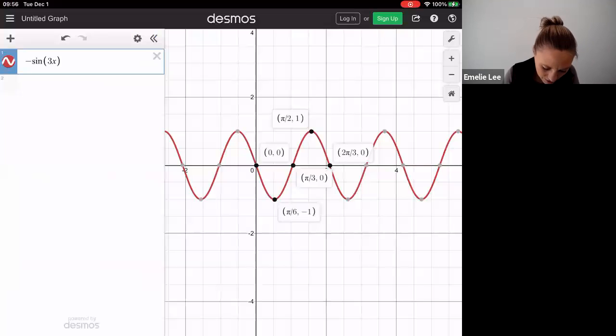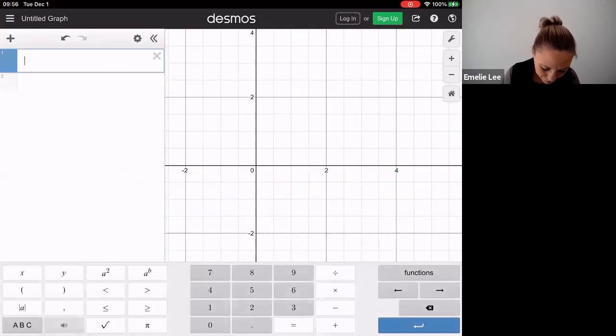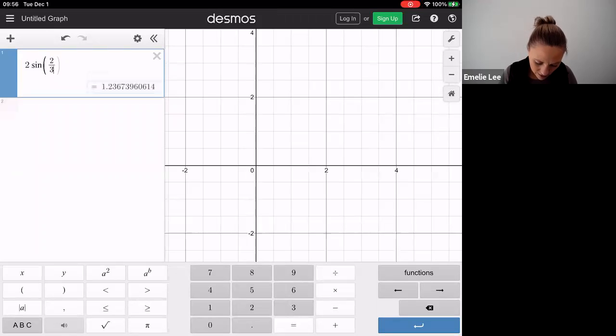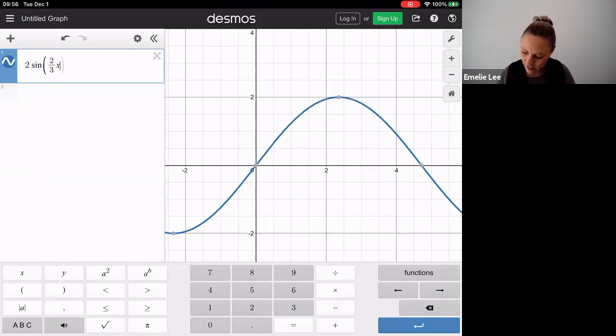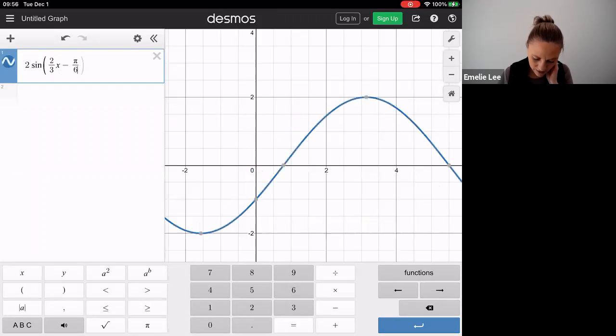Oh, did I copy down? Do I have it? I do. Okay, so I've got 2 sine, 2 divided by 3, and I'm going to step it up, x minus, and then I want pi, which there is a button here, pi divided by 6.